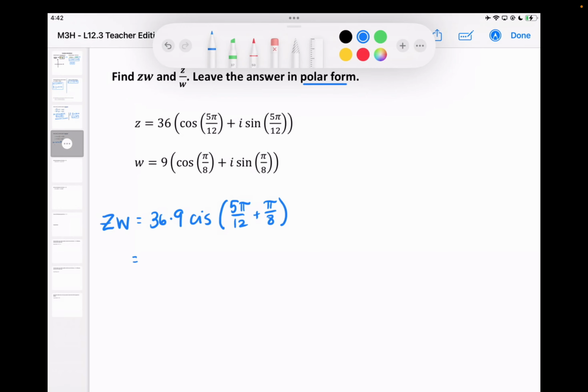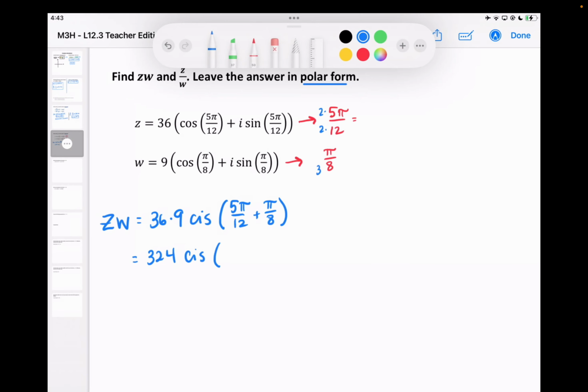Now 36 times 9 is 324. And then before I add these, since I'm going to need it anyway up here, I'm just going to convert those angles so that they have the same denominator, since I'll need it for subtraction anyway. So 5 pi twelfths, I could get a common denominator of 24. So I can multiply the numerator and denominator by 2.